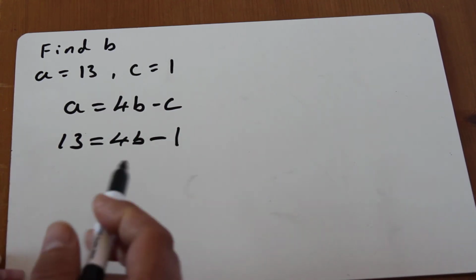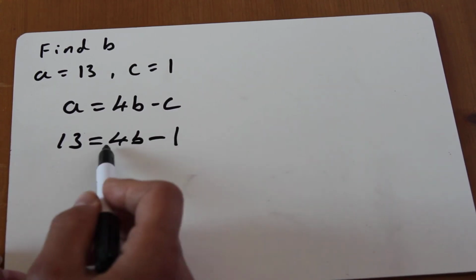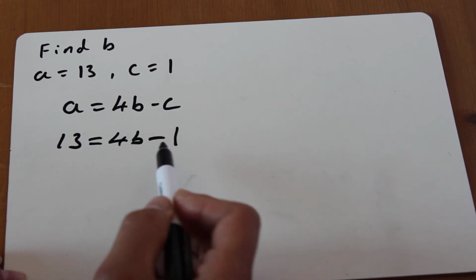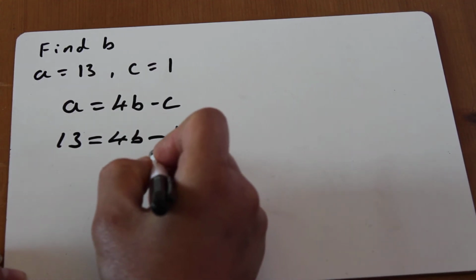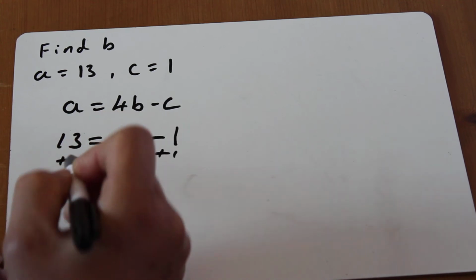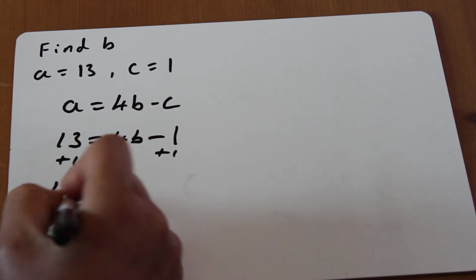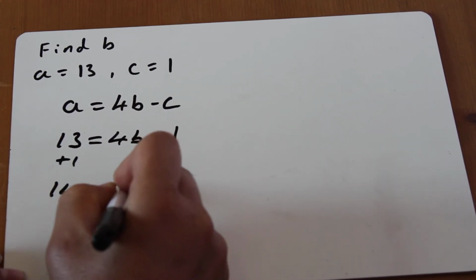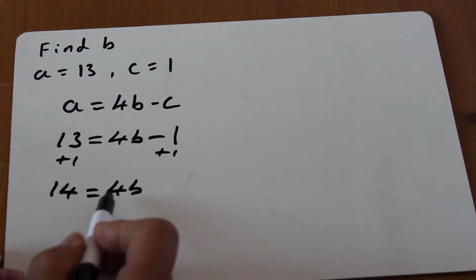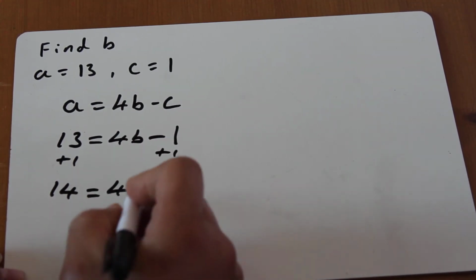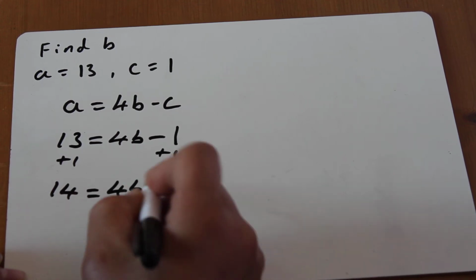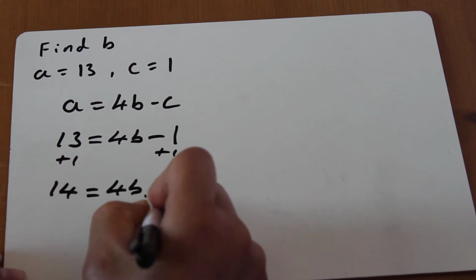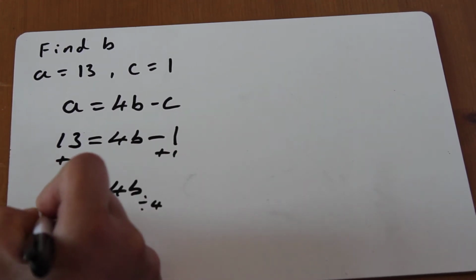Okay, so this is now a bit like an equation. I want to get the letter term on its own. So what I'm going to do is add 1 to both sides. So that gives me 14 is equal to 4B. I now want to get rid of the 4. So this means 4 times B, so I do the opposite. So it means I've got to divide by 4.